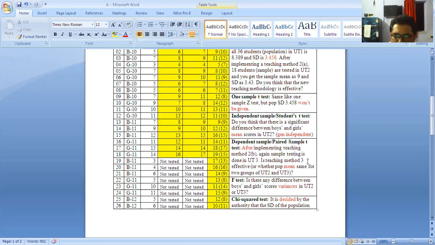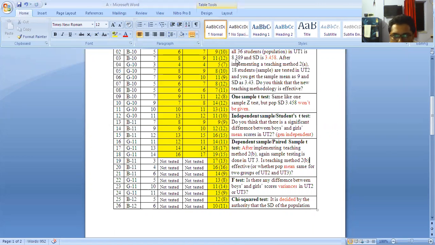Is teaching method 2B effective, or whether population mean is the same for two groups of unit test 2 and unit test 3.